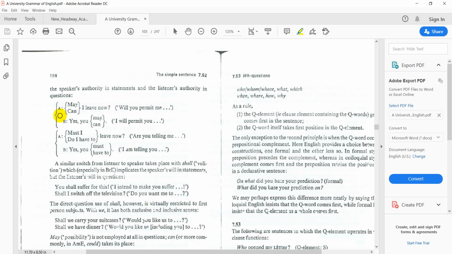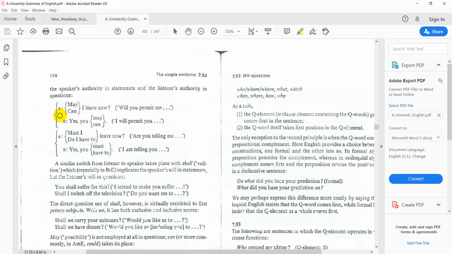Okay. Concerning obligation, must I leave now? Do I have to leave now? So the listener asks the speaker, are you telling me to leave now? For instance, if the speaker asks the listener to leave now, the listener is clarifying what he or she has heard.